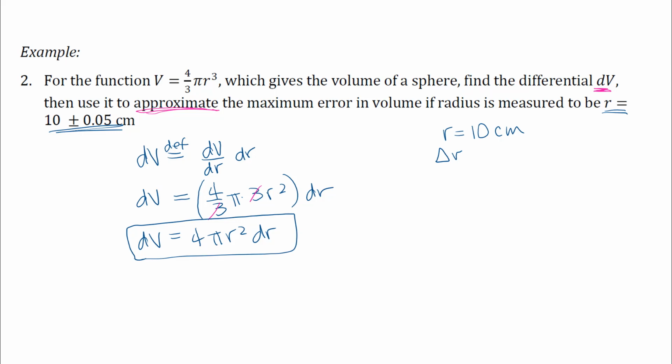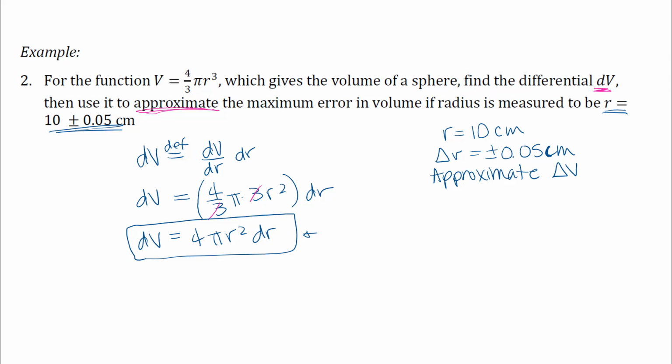And so that plus or minus 0.05 centimeters is the change in r from what it really would be here. The idea here is that we want to use this dv that we have here to approximate the change in v, or the error in calculating volume.